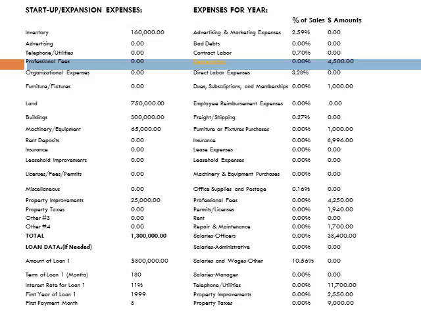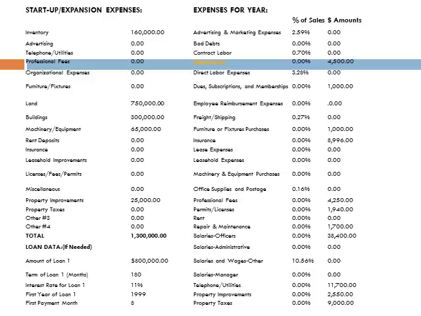In this case, it's land, buildings, machinery, inventory, property improvements. So they've got $1.3 million in expenses and a loan of $800,000.